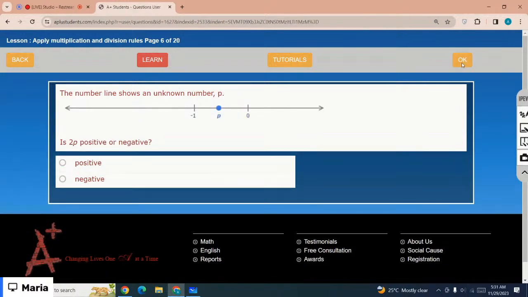Okay, the number line shows an unknown number p. Is 2p positive or negative? Which is the correct option?